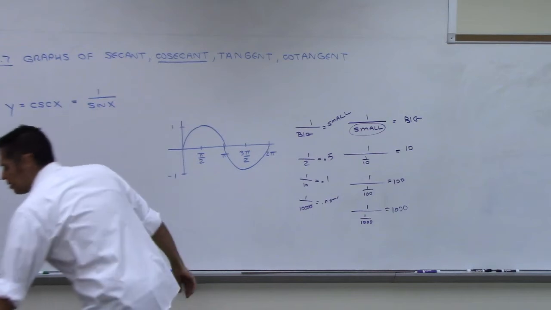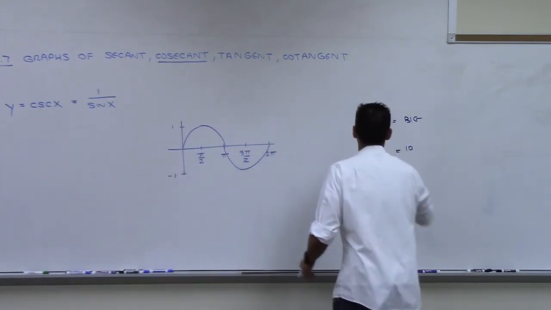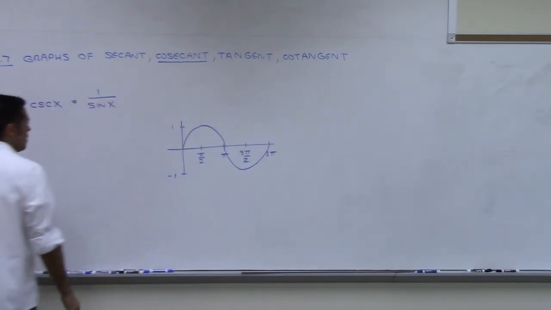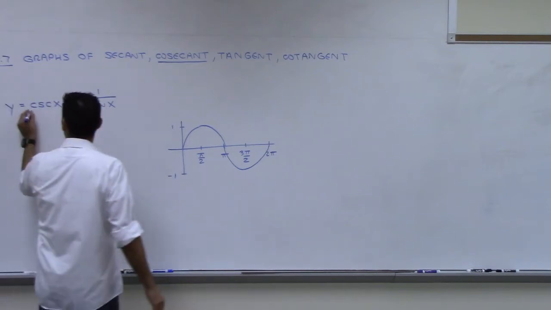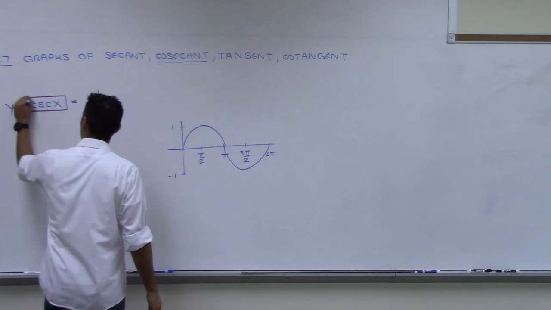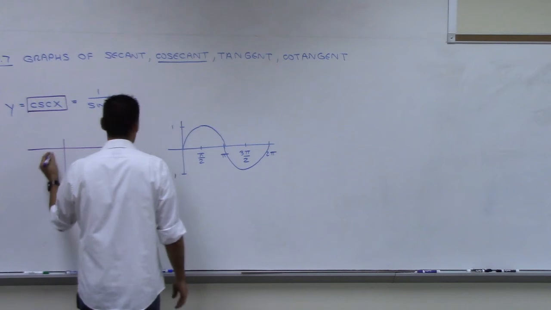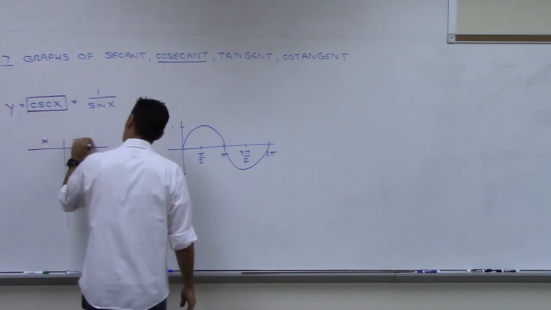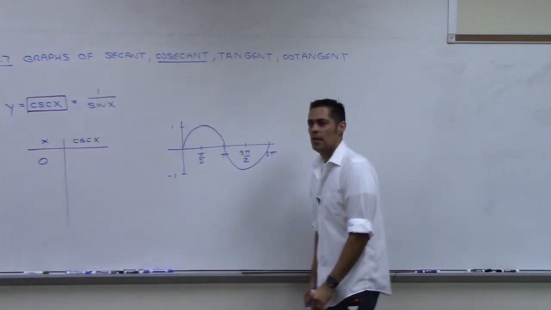Let's use that right here to try and figure out what the heck's going on. Let's make a good old t-table. I'm going to change colors from blue to purple here. If I want to graph cosecant x on a t-table, here's x, here's cosecant x, let's try and plug 0 into this function and see what happens.